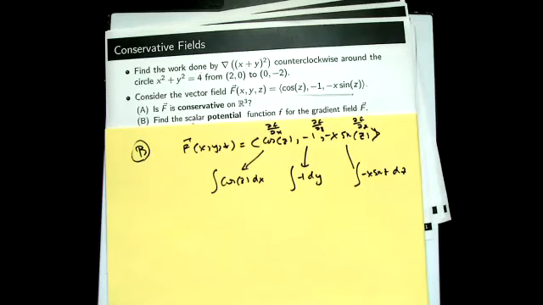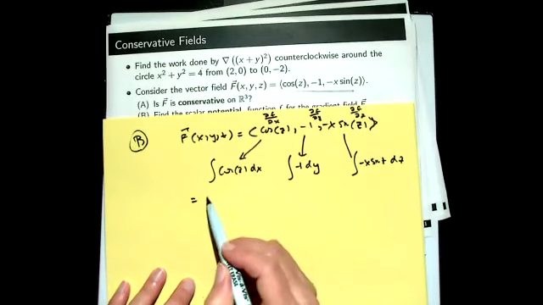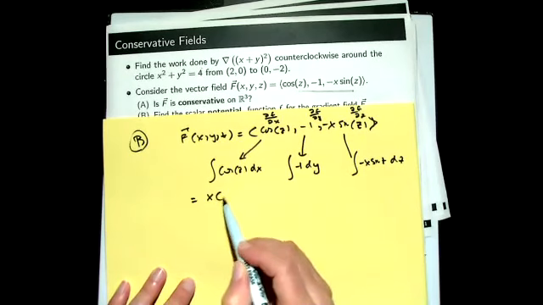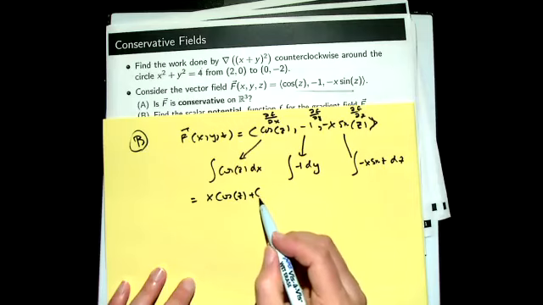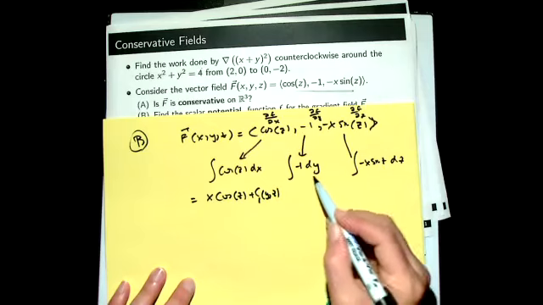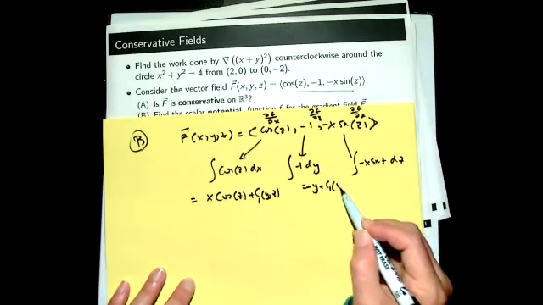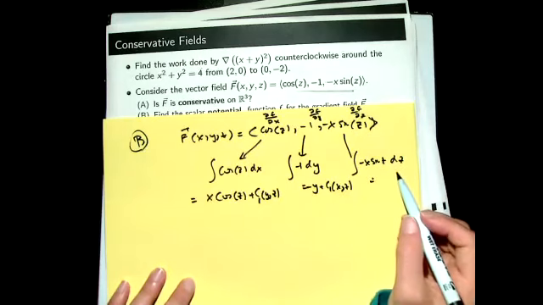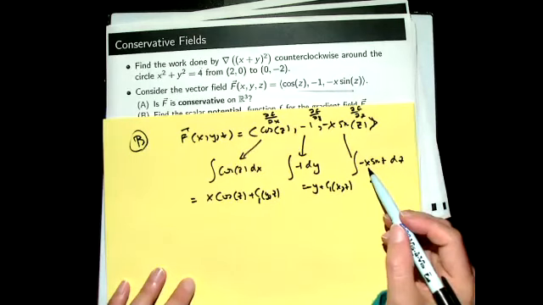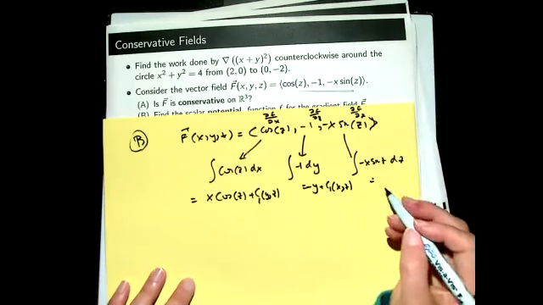Questions? All good? So now that I'm taking the antiderivative, I get x cosine of z plus a constant of the other variables, a constant of y and z. This one I get -y plus a constant of x and z. And that one is just with respect to z. So x is a constant. The negative sign is the negative cosine.